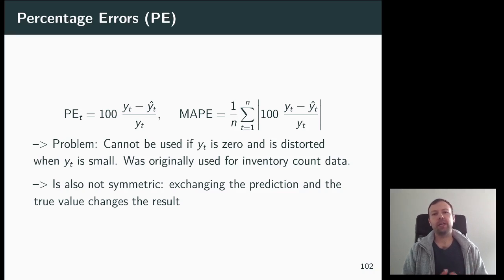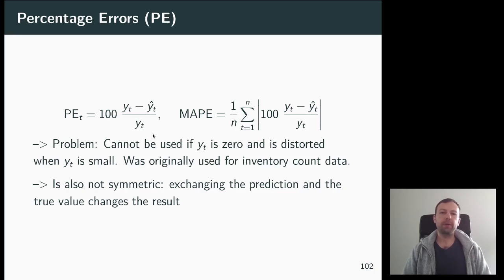However, dividing by this YT gives you all sorts of problems. For example, you cannot use this measure if YT is 0, because now you're dividing by 0. And also if YT is very small, the MAPE gets heavily distorted.